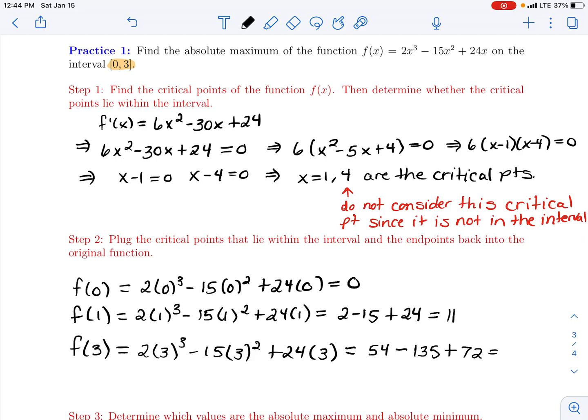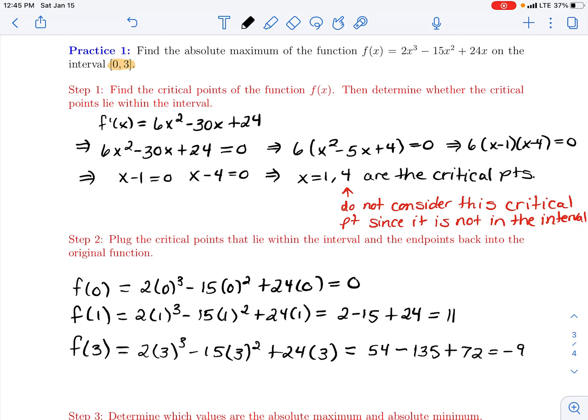And so subtracting those, I get 54 minus 135 plus 72. So I'm getting that this is negative 9. Okay. So yeah, 27 times 2. Just want to make sure I was doing that right.